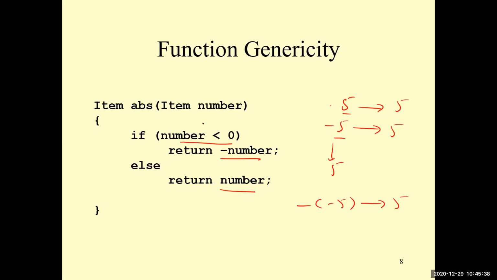So you see, we can compute the absolute value of an integer. We can also compute the absolute value of some other data type, right? Float or double. So when you want to implement it with template, instead of using integer here, we are using some identifier, and we are implementing it with template.